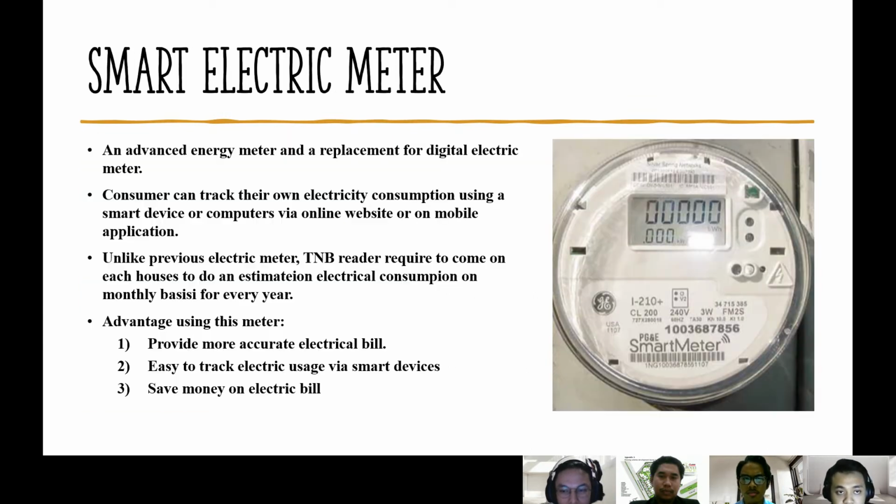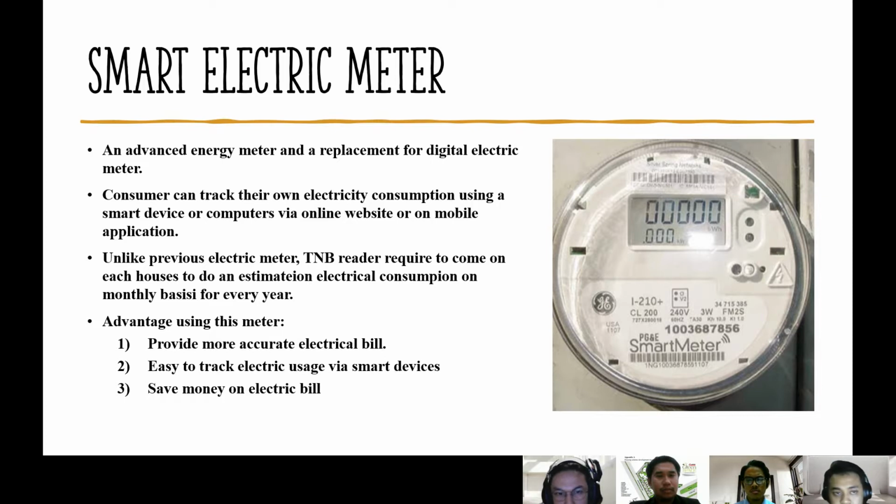Right, the next one is the smart electric meter. The smart electric meter is the same as the previous digital electric meter. The only difference between the smart and digital meter is that with the smart meter we can view the usage using a mobile phone or computer, while with the digital electric meter we can only see it outside of the house.